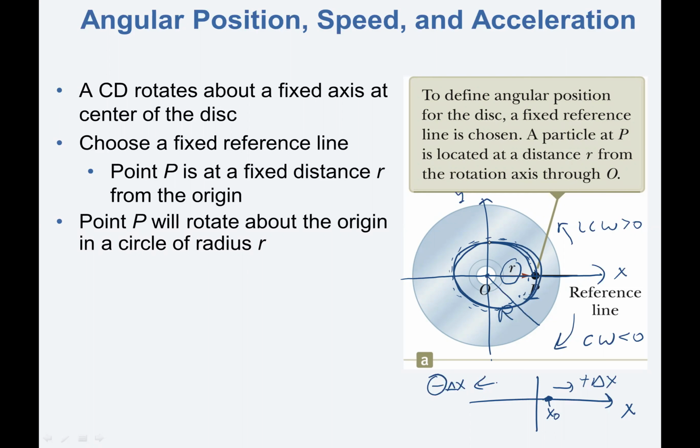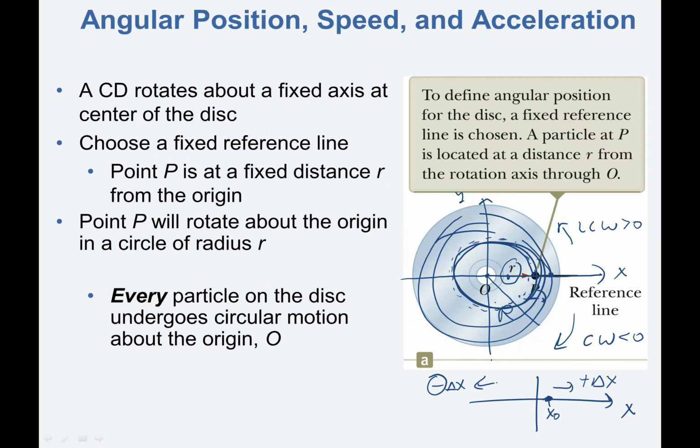All right, now how about the other particles on that disk? So let's say something right here, or something right there, or something like this? Well, as the disk is rotating, every single point is going to undergo the same type of circular motion. That means every particle on the disk undergoes a circular motion about the origin O, and it's all done at the same time.